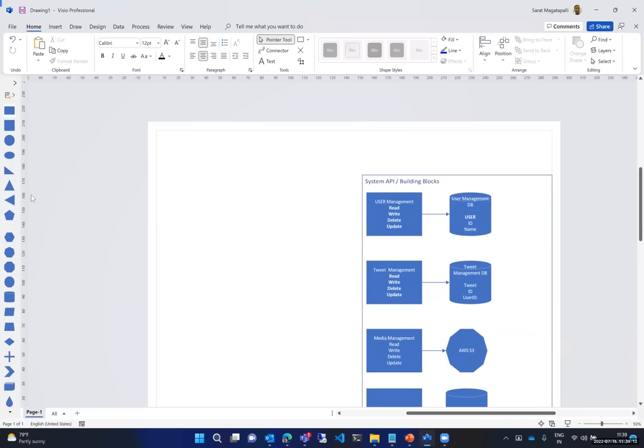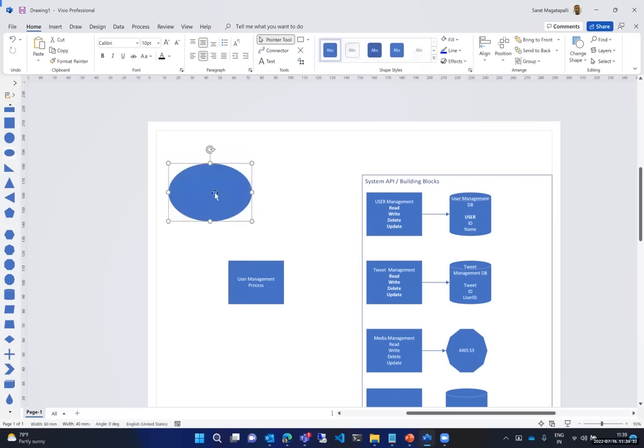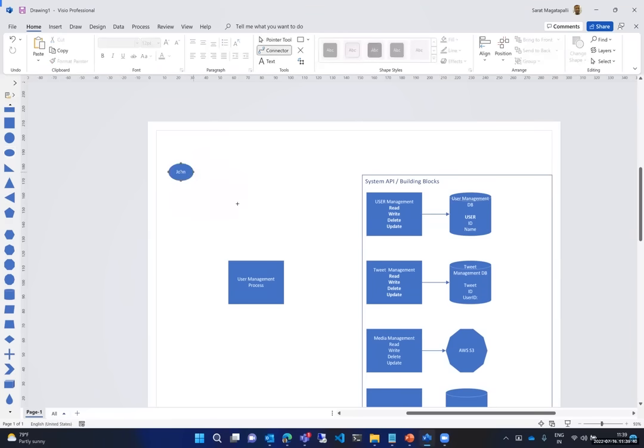We'll have a business layer or process layer which takes care of user management, the user management process. Let's say this is John, who has logged into our application and is trying to register. So the control will come to my process layer, the user management process.